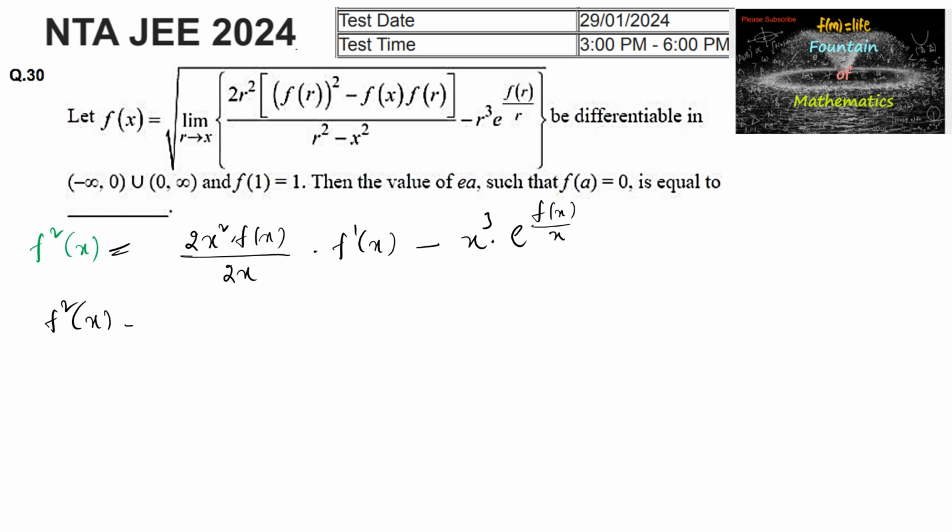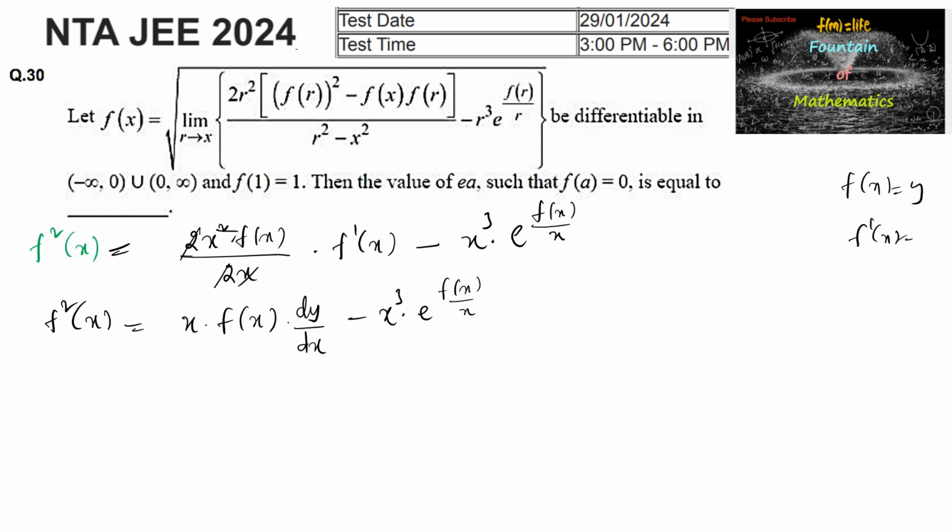So f square of x is equal to x into f of x into f dash of x, that is dy by dx, minus x power 3 into e to the power f of x upon x, and f of x is equal to y, so f dash of x is equal to dy by dx.